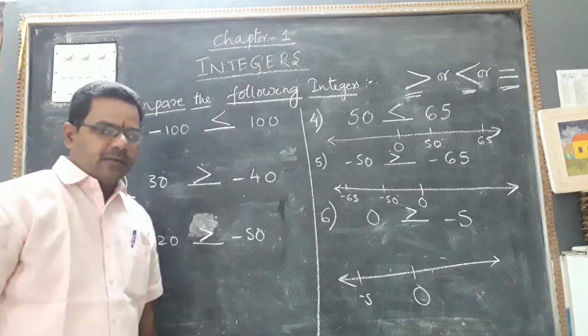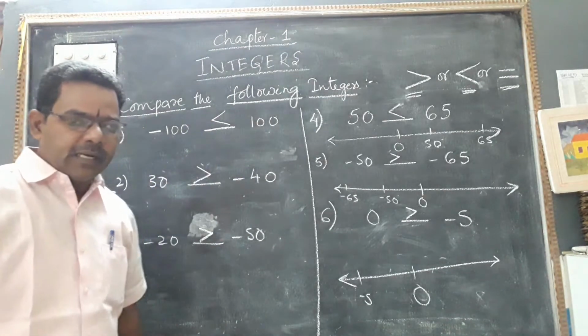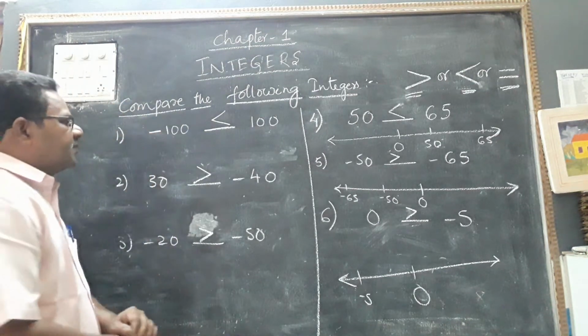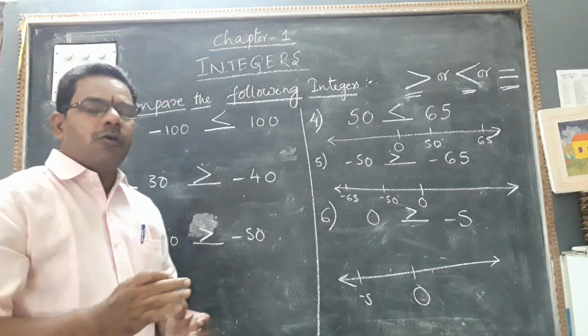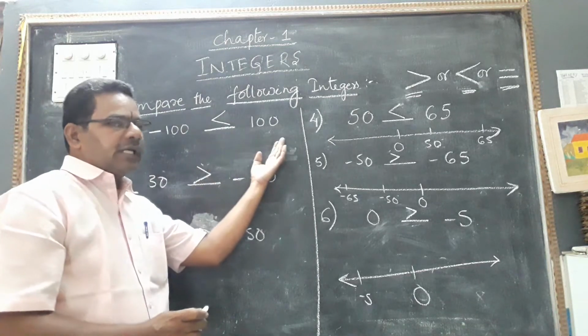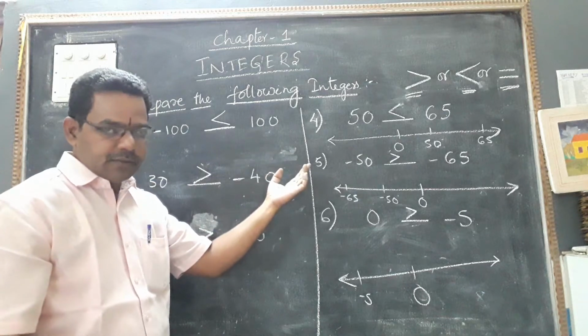Okay. So first, minus 100 and plus 100. You have the answer. Minus 100 is less than plus 100. Okay, so we have to discuss. If you imagine the number line in your mind, all the negative numbers are less than positive numbers.